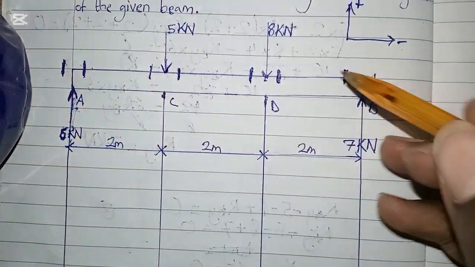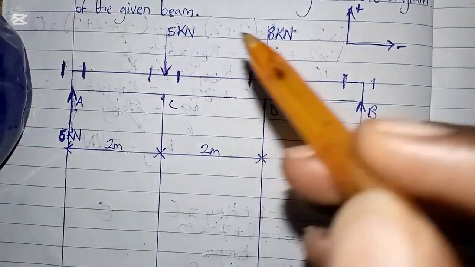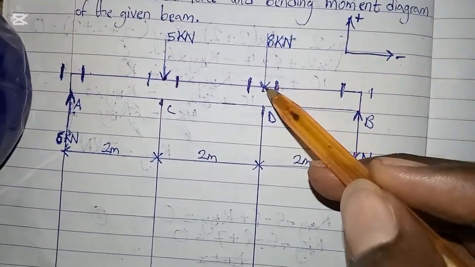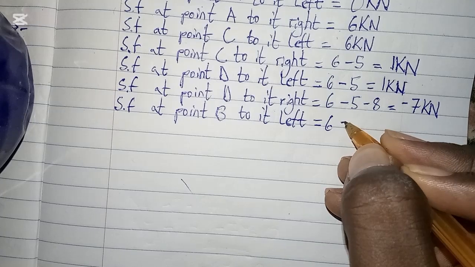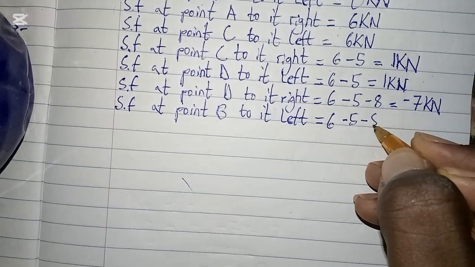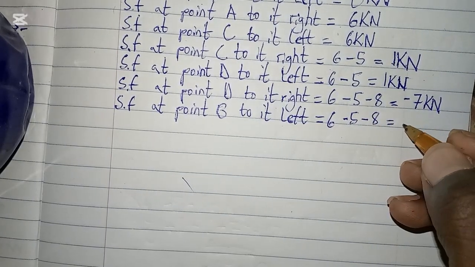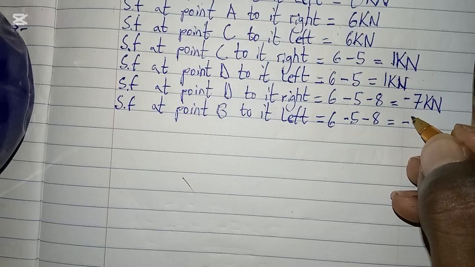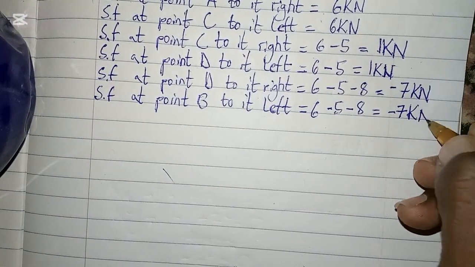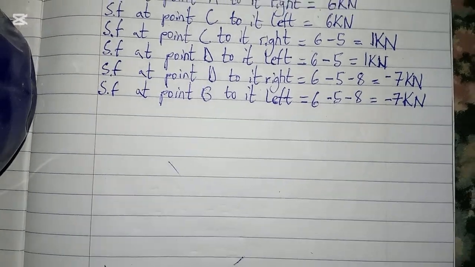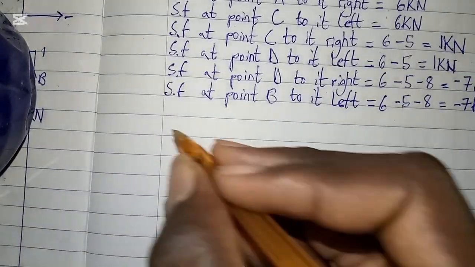So positive 6, negative 5, negative 8, which will give you negative 7 kilonewton. Yes. So let's go to the next one.